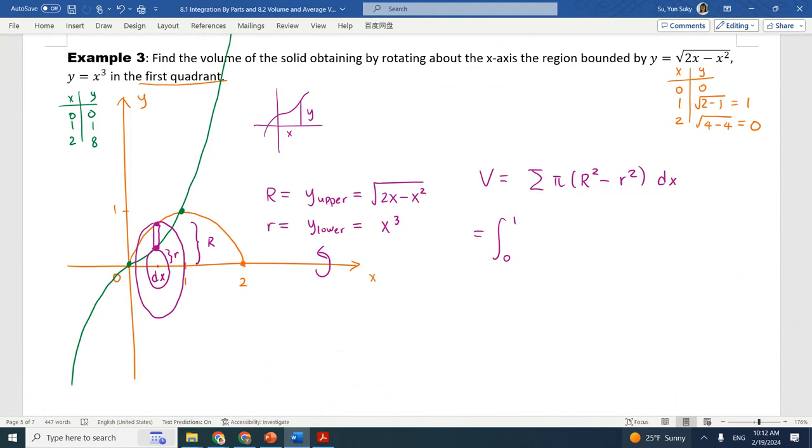And then the pi, we can move the pi in front. Big R is the square root of 2x minus x squared, and we square it, right? Minus small r, x cubed, we square it, dx. Why do we square it again?